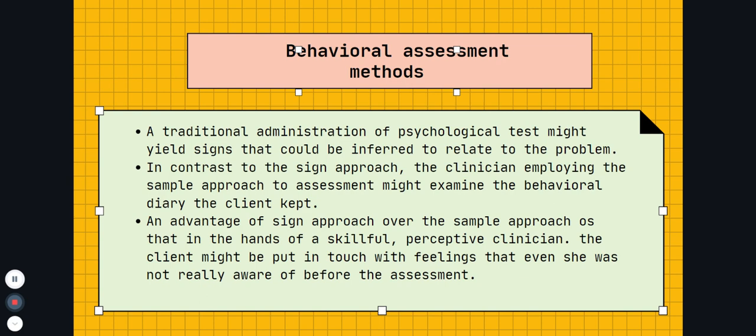The client may have been unconsciously avoiding certain thoughts and images attendant on the expression of her sexuality, and this inability to deal with those thoughts and images may indeed have been a factor contributing to her ambivalence about meeting men.